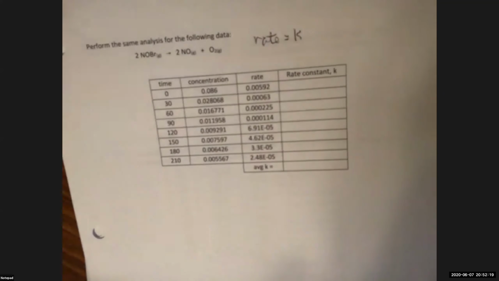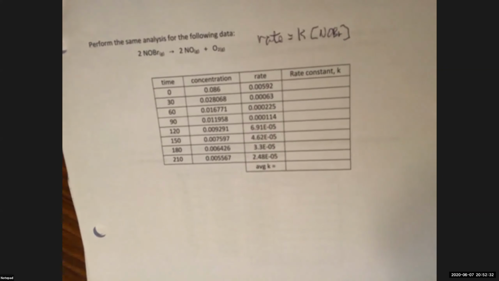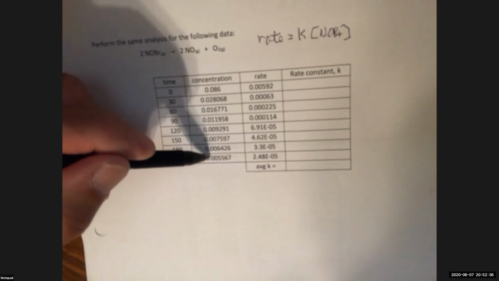So if we say the rate is equal to K times the concentration of NOBr. We know it's NOBr because there's only one reactant. And this is going down, so we know it's a reactant.